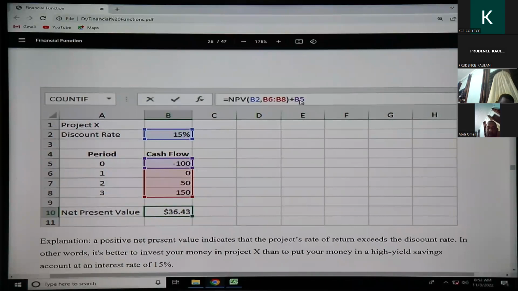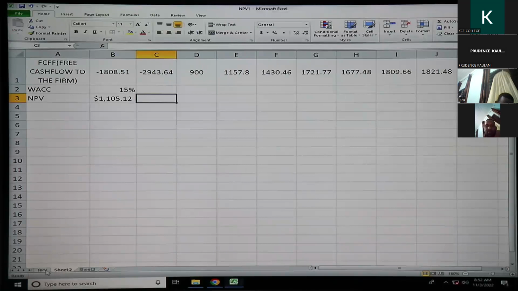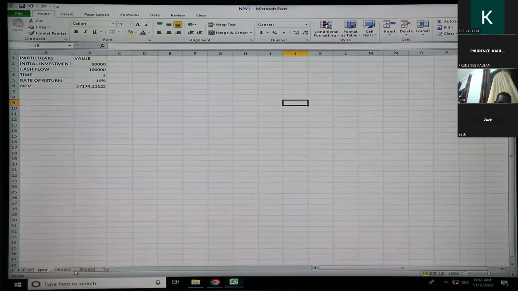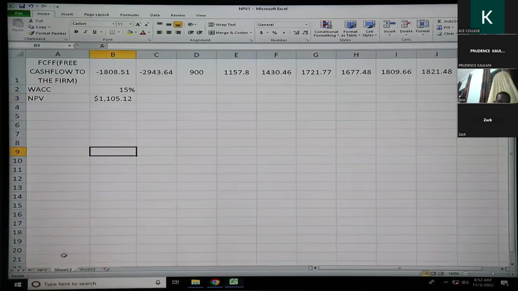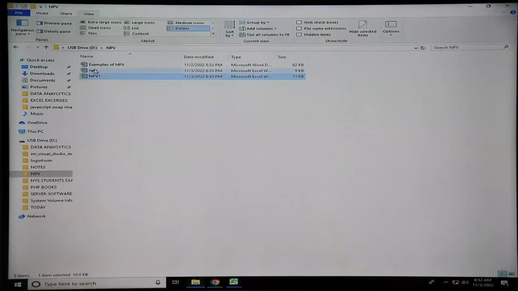Actually, we will add, because it's minus, which will give us plus. So I want us to run this and see how it works. Where is that exercise? Just a minute, I want to open that exercise, then we can discuss together.